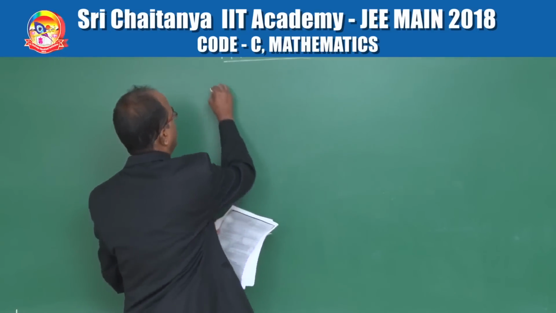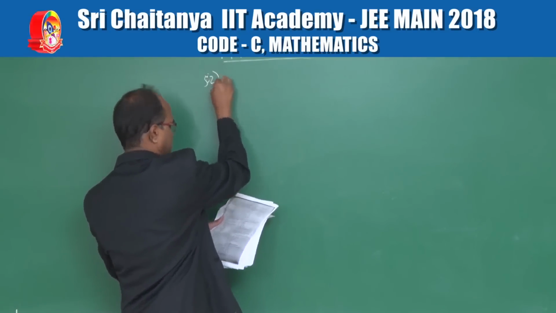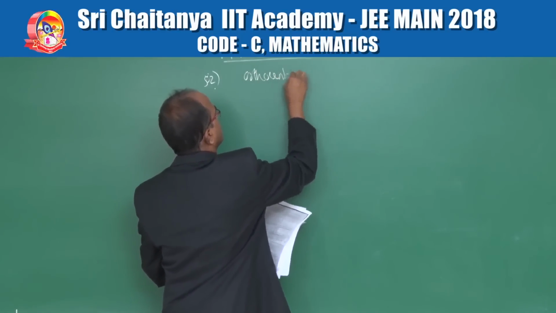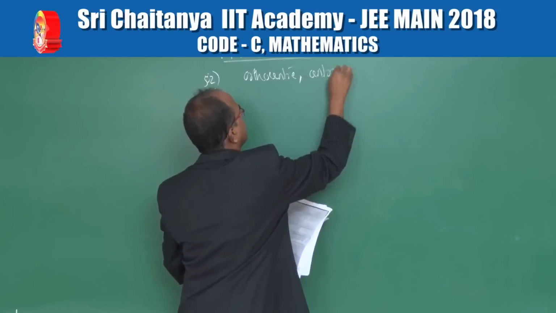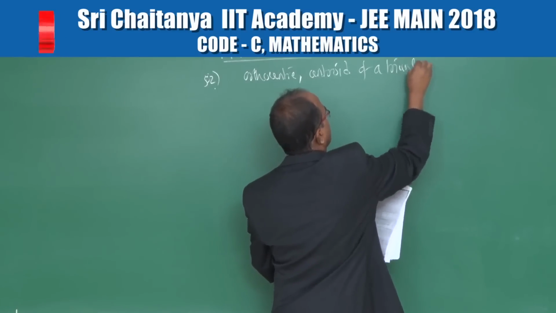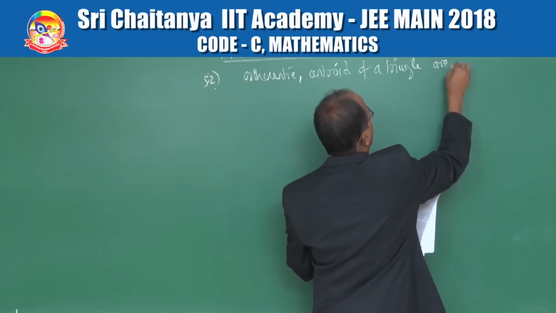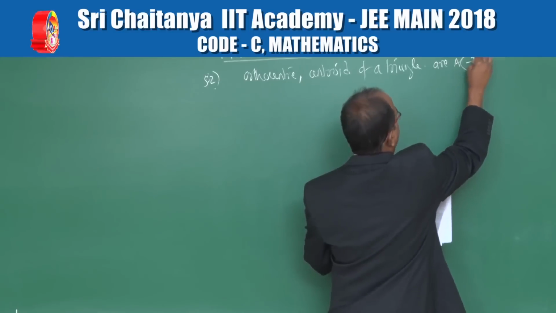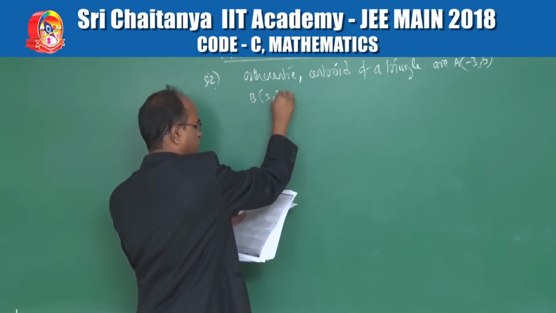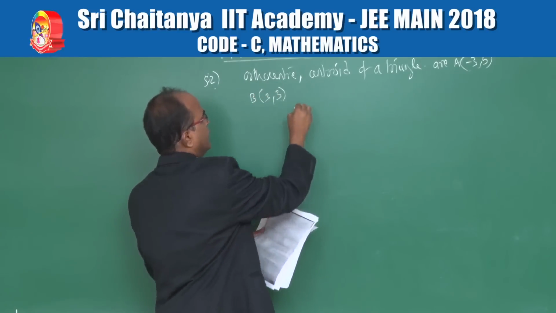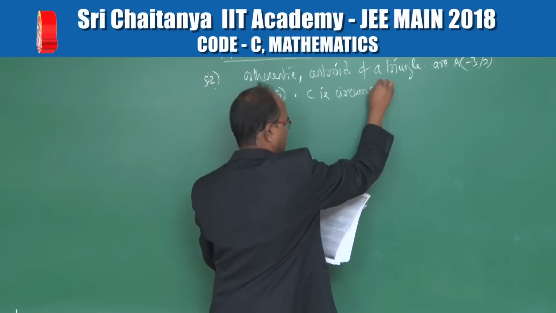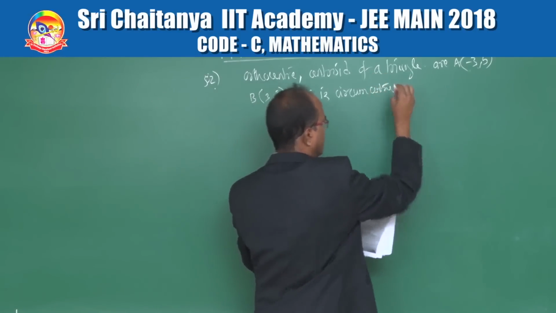Coming to 52nd question, orthocenter, centroid of a triangle are A -3 5 and B 3 3 respectively, and C is the circumcenter of the triangle.